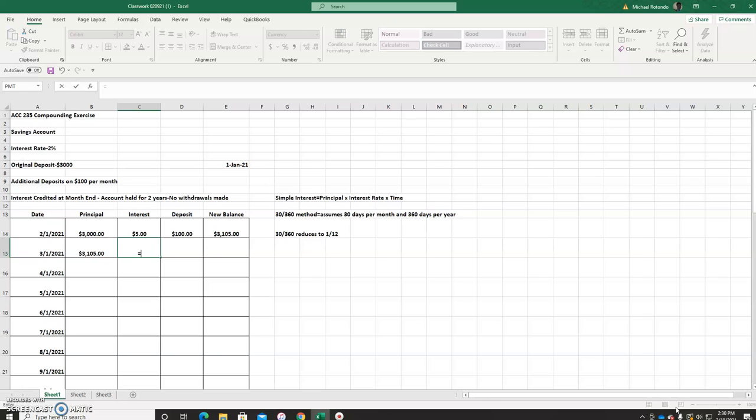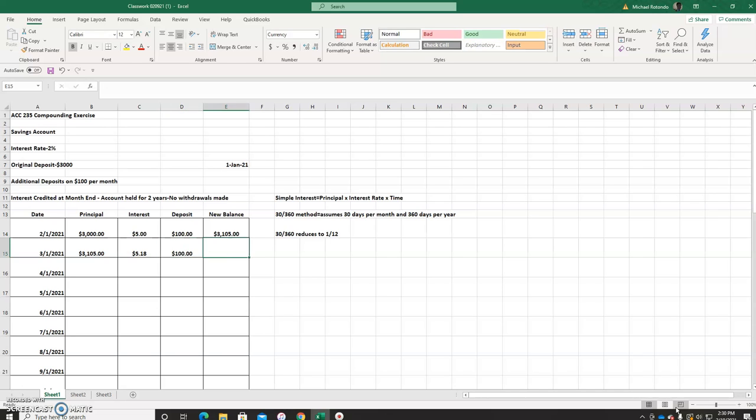And now when we calculate the interest for March 1st, it's going to be the $3,105 times 2% times 1 over 12. So that's going to give us $5.18. So it may seem like a small amount, but the point here is that it's more than it was before.